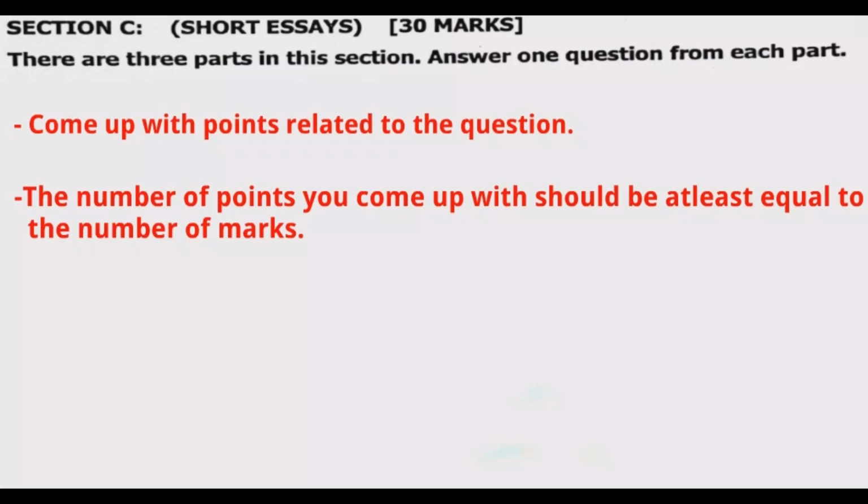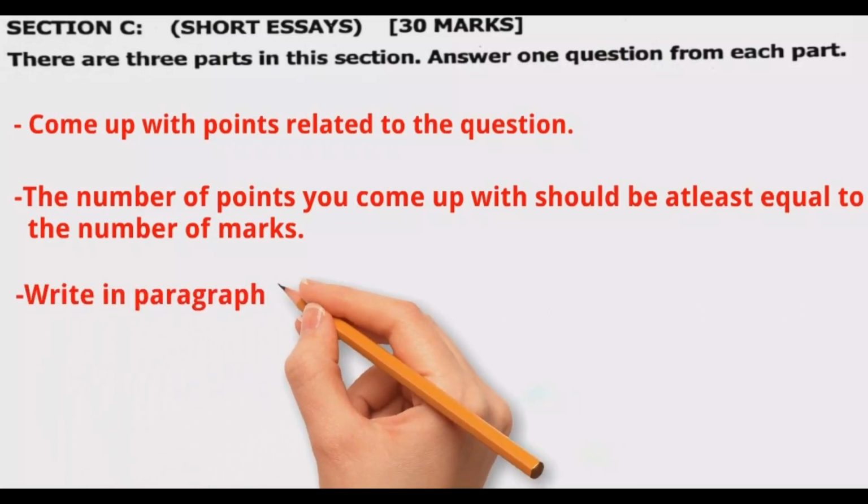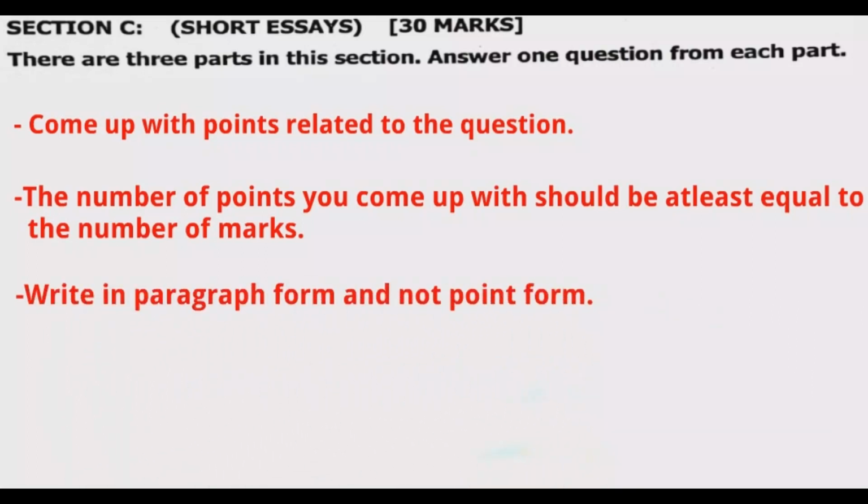Then the other point you need to consider is write in paragraph form and not in point form. When you're writing a short essay, please make sure you write in paragraph form. Write a passage, write a paragraph. Remember, it's a short essay.